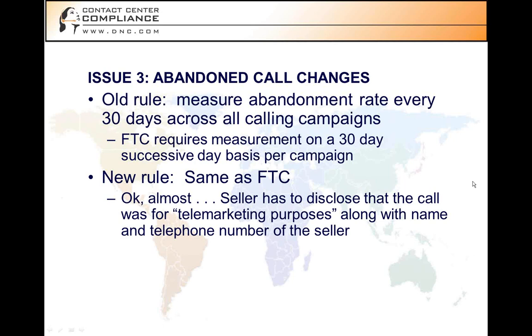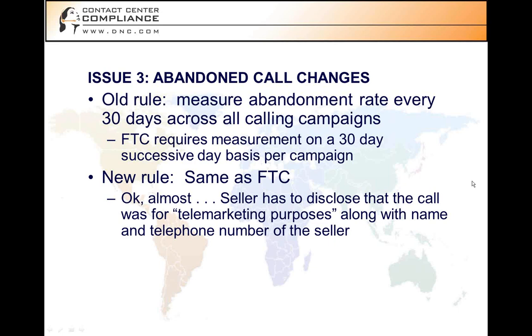So as you're preparing your abandoned call message, if you are not regulated by the FTC and you are regulated by the FCC, or actually if you're regulated by both, you have to include in your abandoned call message that the call was for telemarketing purposes.